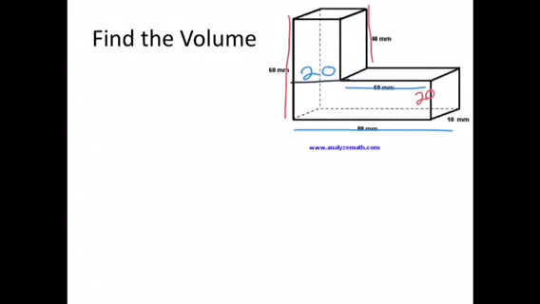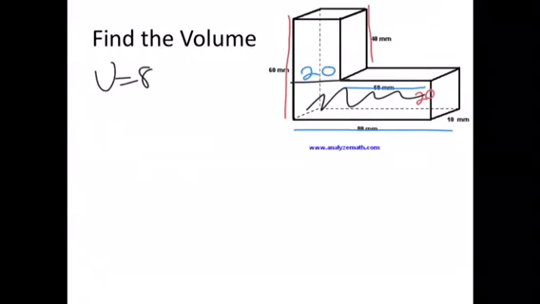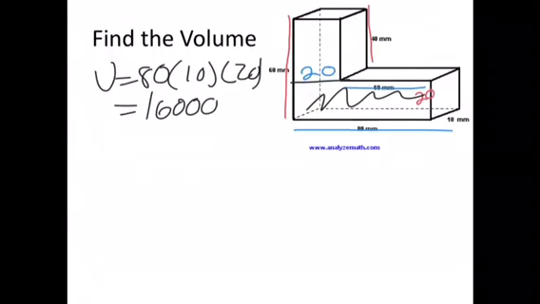For the lower prism, we have 80 by 10 by 20. So the volume of that lower one is 80 times 10 times 20, and we get a total of 16,000 millimeters cubed. For our second one, this upper rectangular prism, we have 20 by 40 by 10.